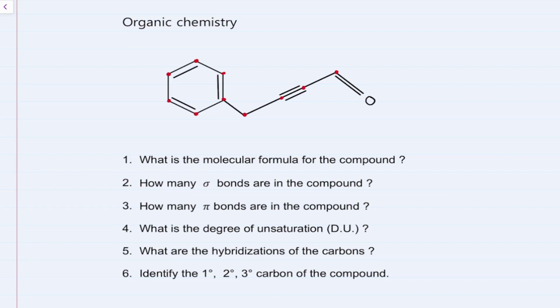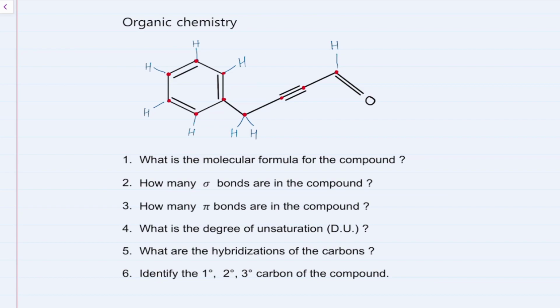Let's draw the hydrogen explicitly so we will not make mistake while counting them. There's one hydrogen here around the rings. And this carbon will have 2 hydrogens. This one, there's 1 hydrogen here.